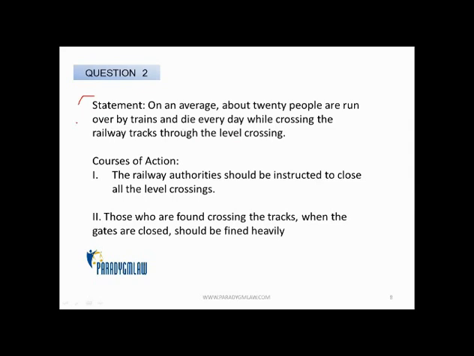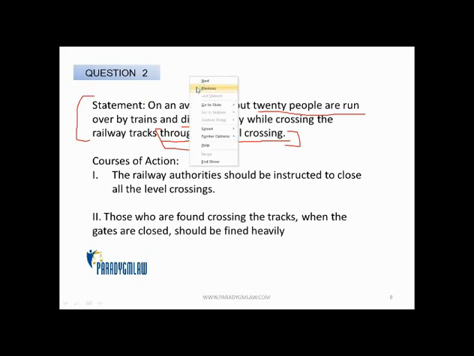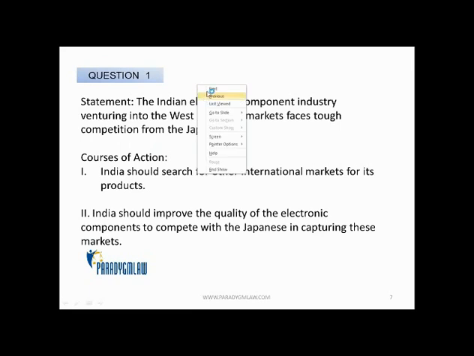On the face of it, what we understand is on an average about 20 people are run over by trains and die every day, right, while crossing railway tracks through the level crossing. Now a lot of people wouldn't read through the complete question and they would miss out on what a level crossing is. I have a picture here that will help you understand what a level crossing is.